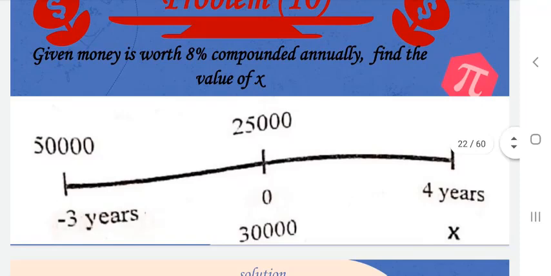Problem number 10. Given money is worth 8% compounded annually, find the value of X. By looking in the timeline, you don't know the position of focal date, so you can put it at the time of X. So it will be after the maturity dates of old and new obligations, and the main formula will be the amount for O1 plus the amount of O2.